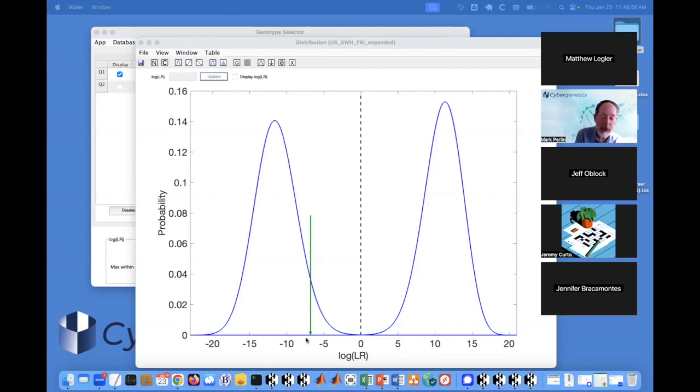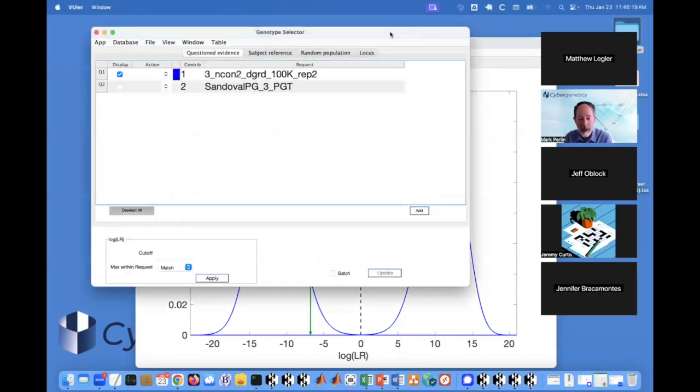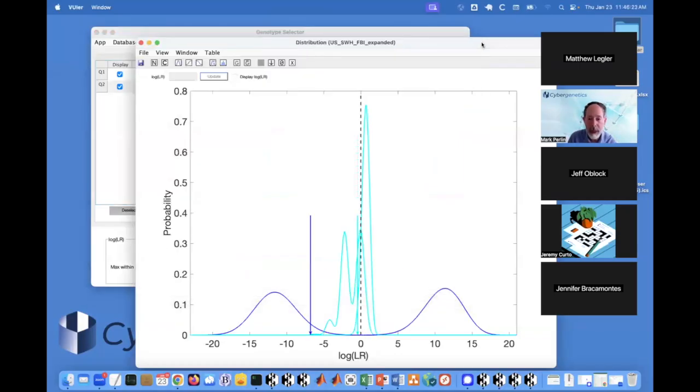The arrow falls on the left, this strong confidence is a non-contributor, it's more exclusionary. What happened when some program was starved of data? Well, let's see. And where did that match statistic fall, Matt?